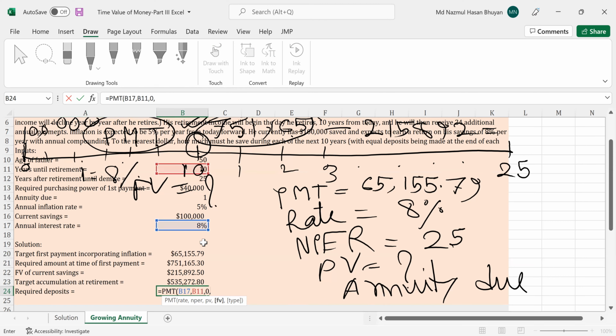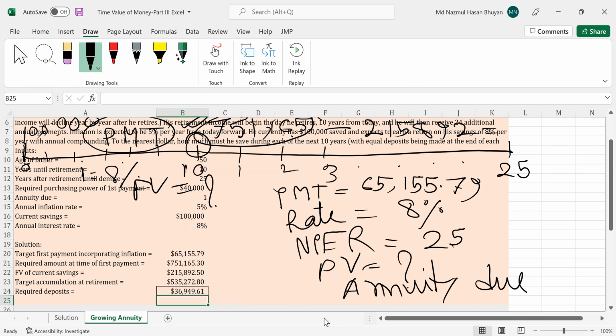Your father wants to accumulate how much? $535,272. Right. So that PMT is $36,949.61.